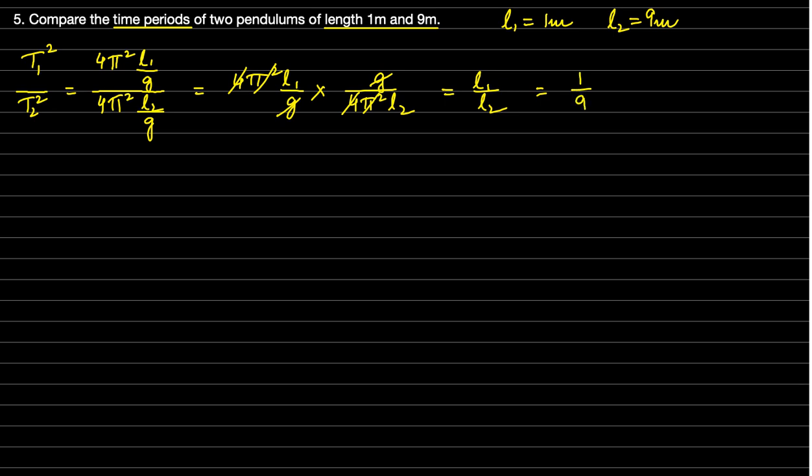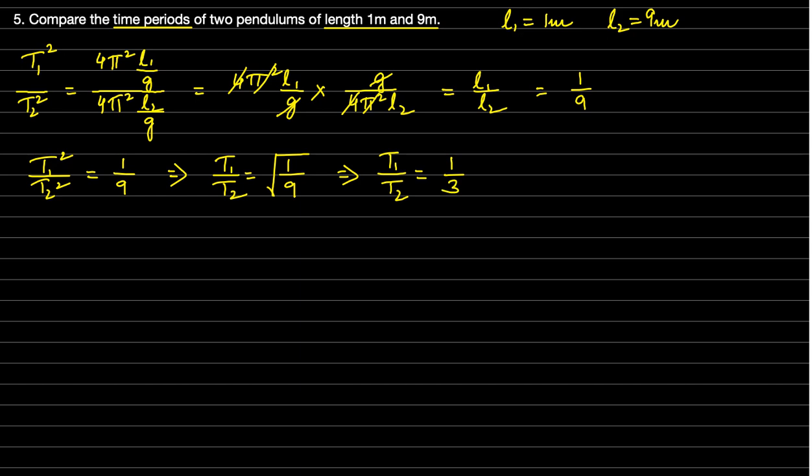Now we have got T1 square divided by T2 square is equal to 1 divided by 9. So T1 divided by T2 will be equal to root of 1 divided by 9, or we can write T1 divided by T2 will be equal to 1 divided by 3.